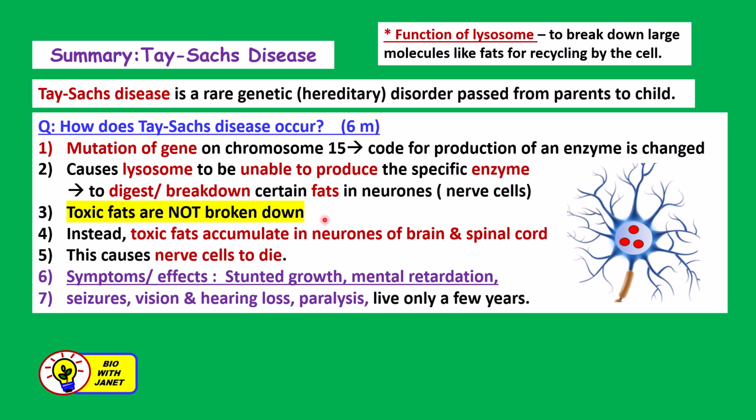When the toxic fats are not broken down, they accumulate in the lysosomes of the neurons of the brain and spinal cord, and this will cause the nerve cells to die. Once nerve cells die, the symptoms appear, like stunted growth, mental retardation, seizures, vision and hearing loss, paralysis, and they only live for a few years.